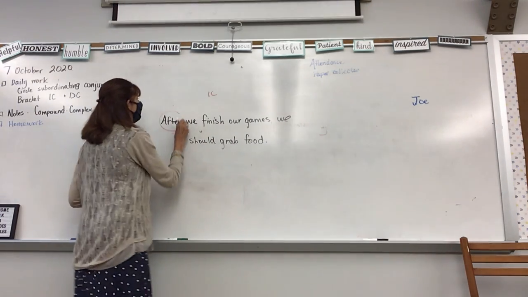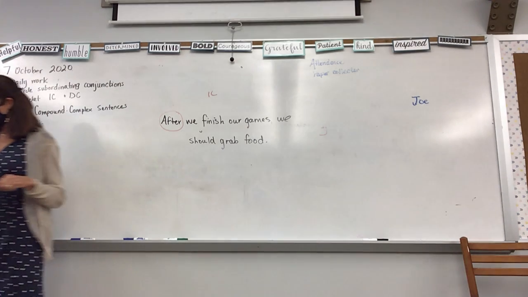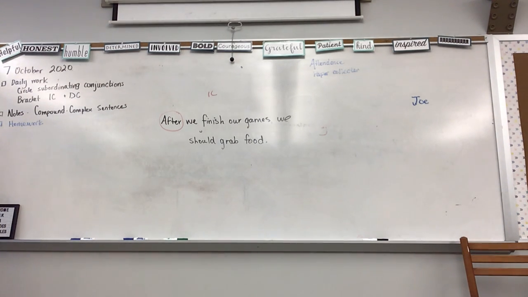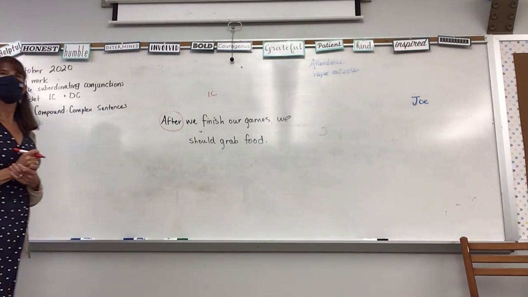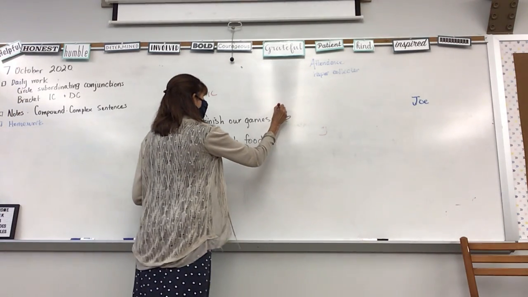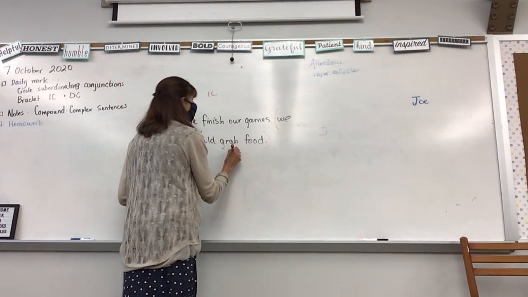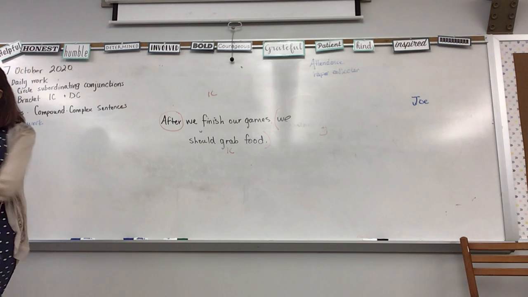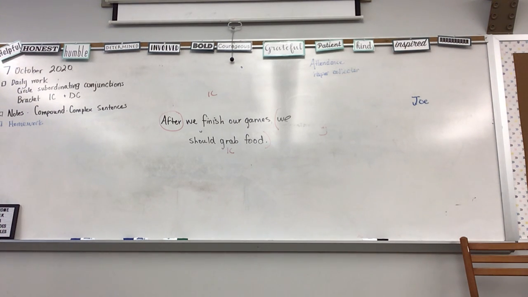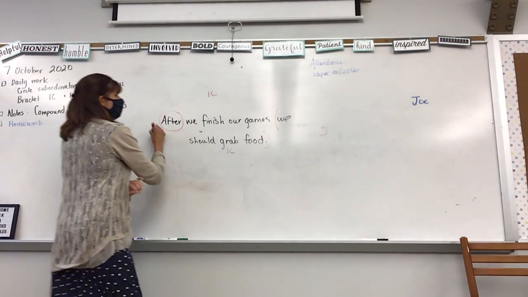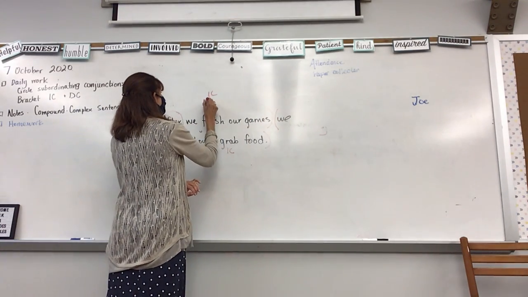After. Okay. Joy, what's the independent clause? We should grab food. Okay, we should grab food. There's an independent clause. What's the dependent clause, Tate? After we finish our game. Okay, so that's our dependent clause.